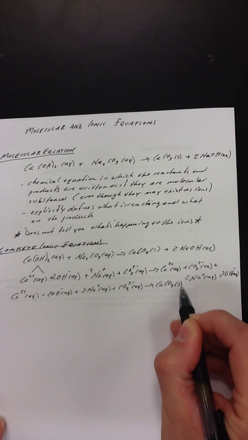So the purpose of such a complete ionic equation, and we need to bold this, highlight it, star it, is to represent each substance by its predominant form in the reaction mixture.